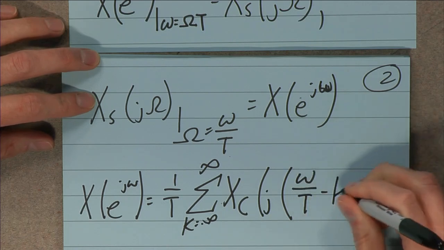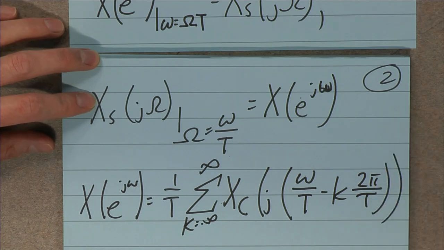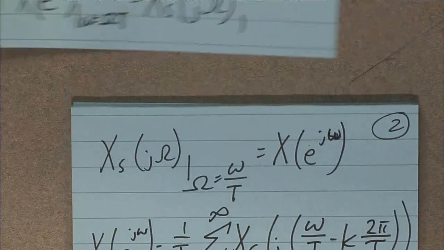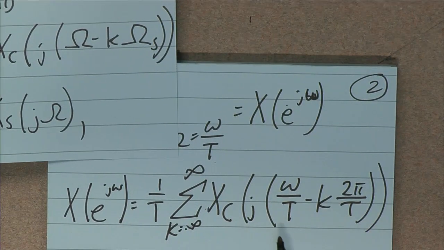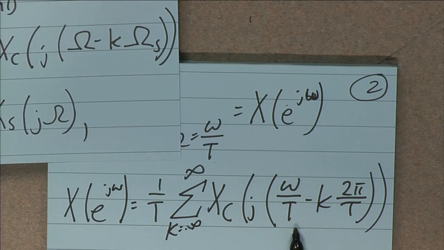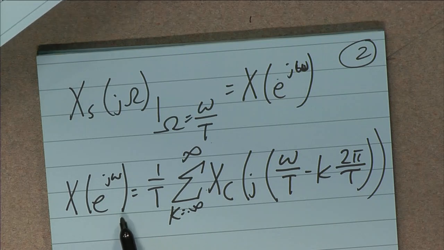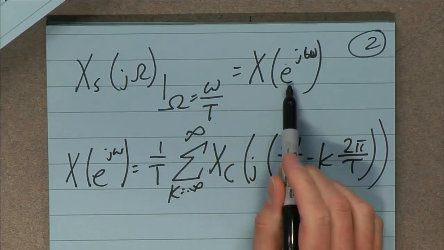We can get k 2 pi over T, where T was the sampling period. How does plugging in omega over T into the j, how does that equal e to j? How do these two relate?